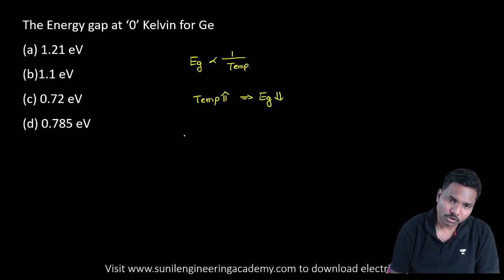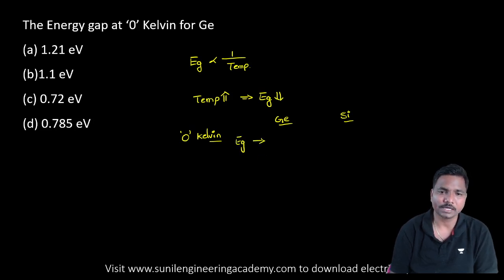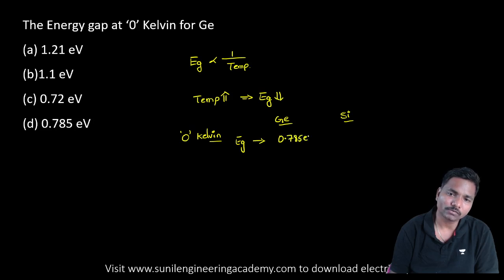If you consider 0 Kelvin, in case of germanium or silicon, the energy gap for germanium at 0 Kelvin is 0.785 electron volt. Whenever the temperature increases from 0 Kelvin to 300 Kelvin, that means room temperature, then as temperature increases, the energy gap decreases.